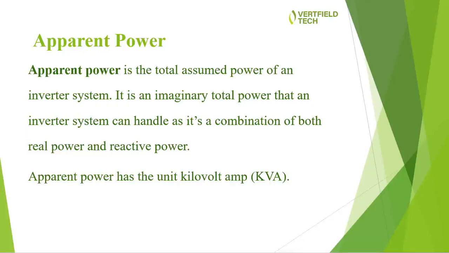So the 10 kVA, 20 kVA, 30 kVA, 15 kVA. It is what we assume your inverter system can actually power, but it is not what it is. What it is, is the real power of your inverter system.